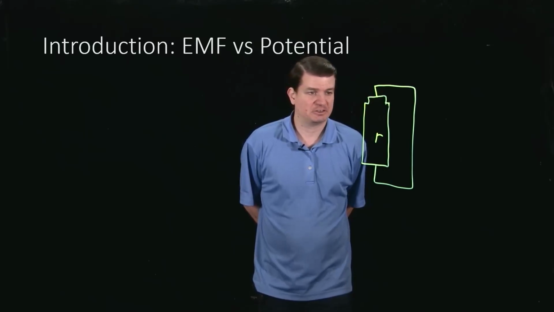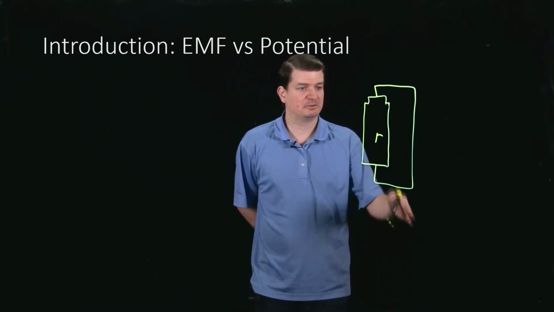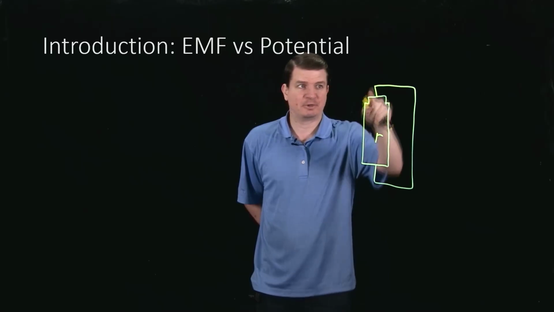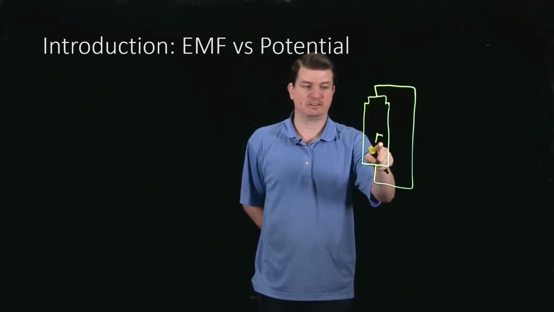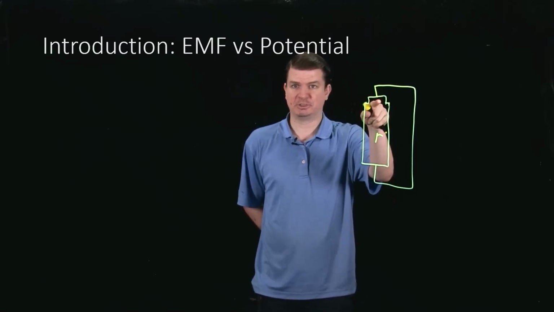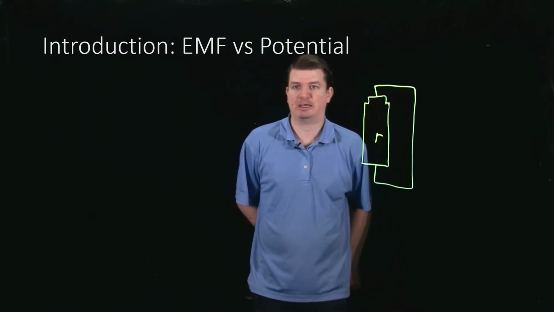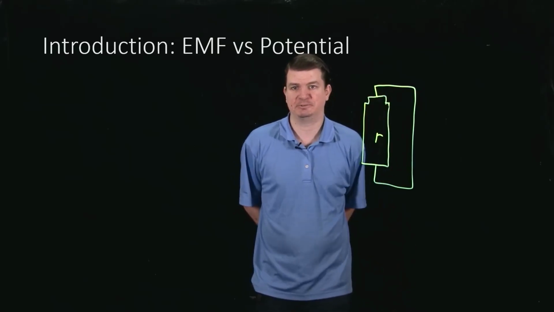So once there's a potential drop, that tells us exactly what we need to know: while there's this current flowing and I'm losing some of my potential across this resistor, when I measure from terminal to terminal, I'm not going to measure that 1.5 volts or the 12 volts or whatever that battery was supposed to be according to its EMF. I'm going to measure something smaller.